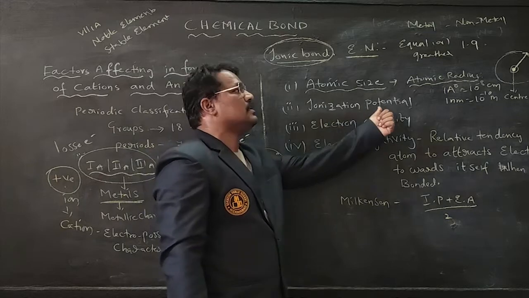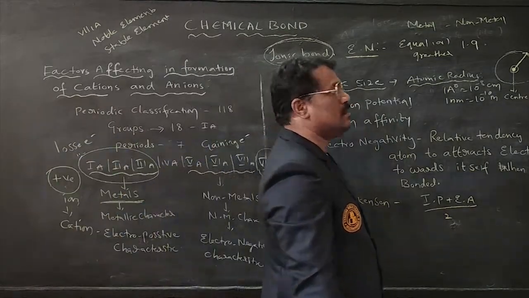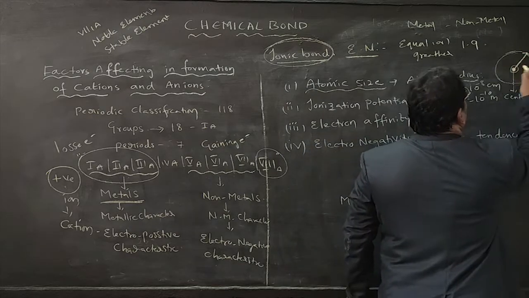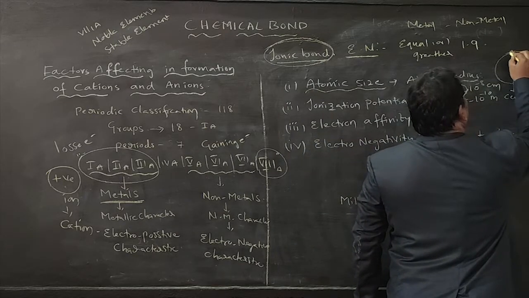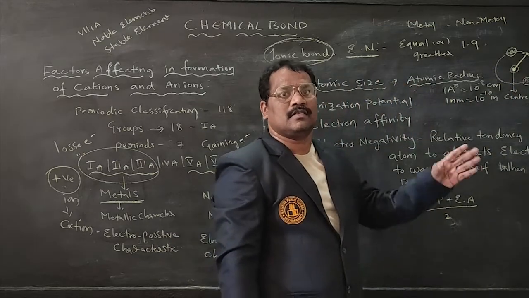Next, coming to ionization potential. What is ionization potential? This is an atom, this is the valence shell, and within this valence shell some electrons are existing.